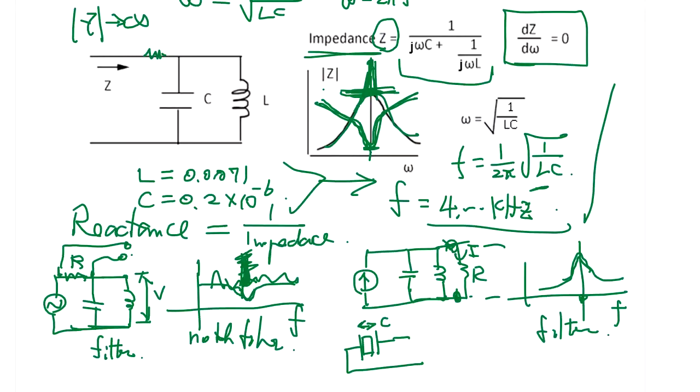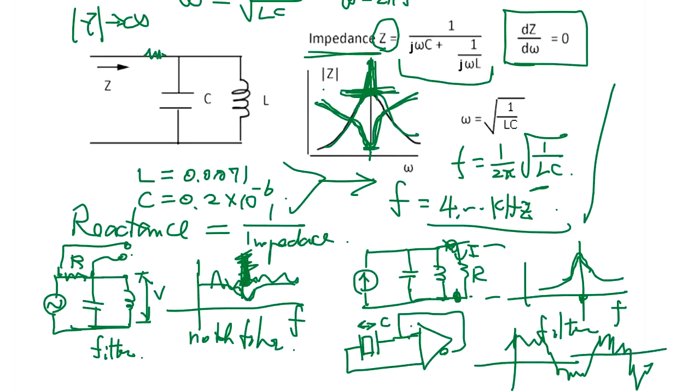So what happens is, without this filtering, the wave could be a very ugly wave. Now with the filtering, you get a clean sine wave because you extract only the targeted frequency. Okay, so that's what the resonance frequency is about.